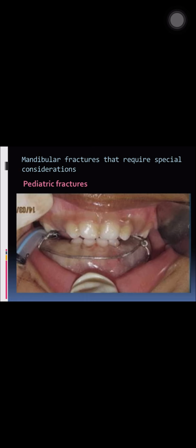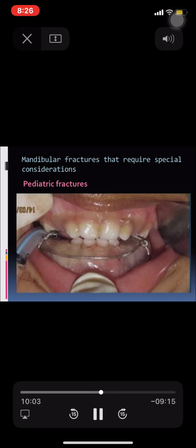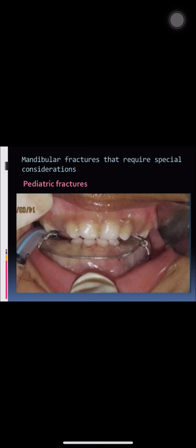This is constructed as a simple acrylic splint and retained by two light circummandibular wires. When sufficient firm, erupted, deciduous and permanent teeth are present, eyelet wires or arch bars can be used. When there is significant displacement of fragments, open reduction and internal fixation may be necessary.